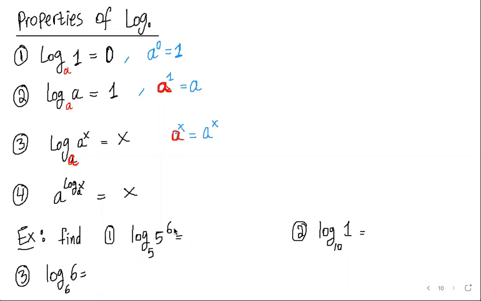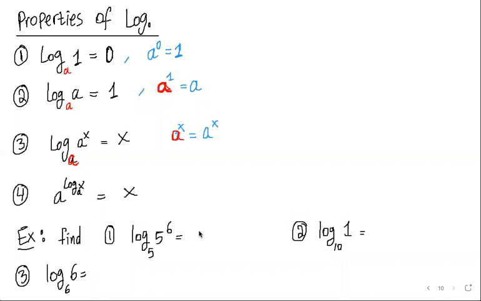Isn't it 6? The first one is 6, exactly. Why? By using property number 3, the base is the same, like a and a are equal, 5 and 5 are equal. The exponent is 6, so the answer is 6.